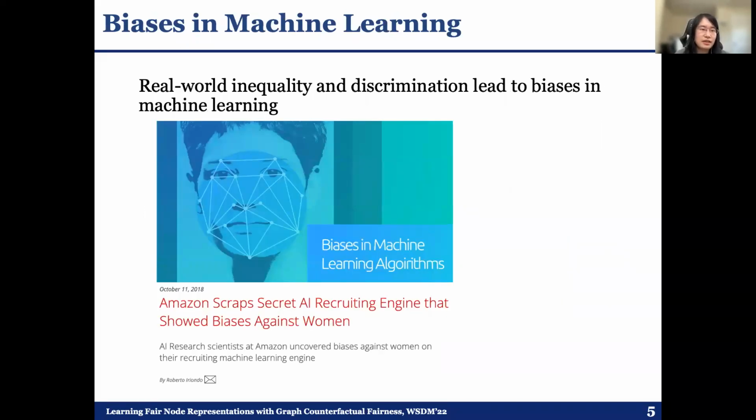We all know that real-world inequality and discrimination are very ubiquitous, and they can lead to serious biases in machine learning.